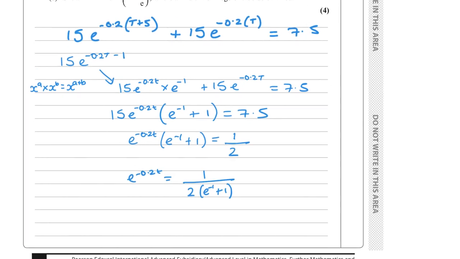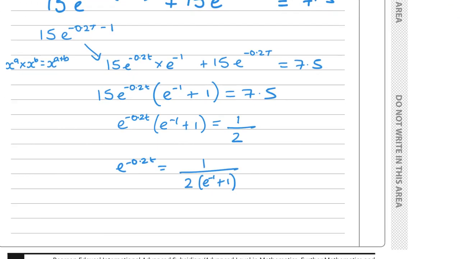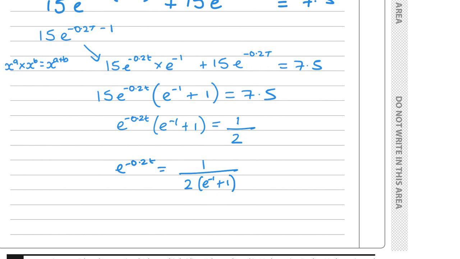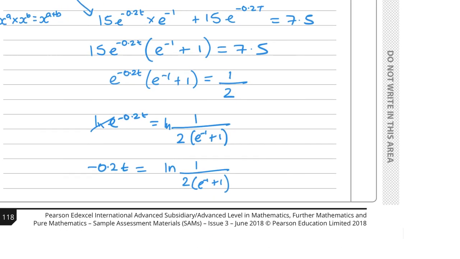Okay, now I'm going to ln both sides because it wants it in ln. God, this is awful. Right, if I ln this side and ln this side, the e's ln is going to cancel. So minus 0.2t equals ln of 1 over 2 lots of e to the minus 1 plus 1. And then divide both sides by minus 0.2, same as multiplying by 5.